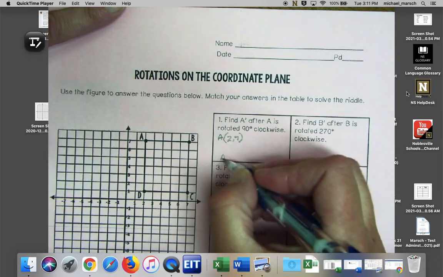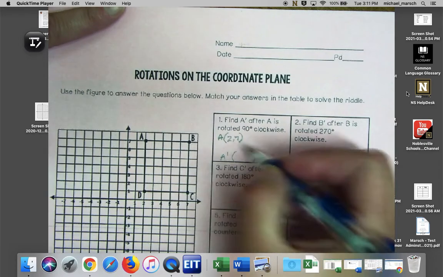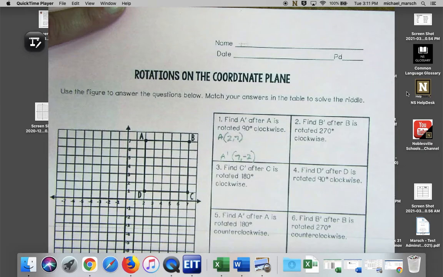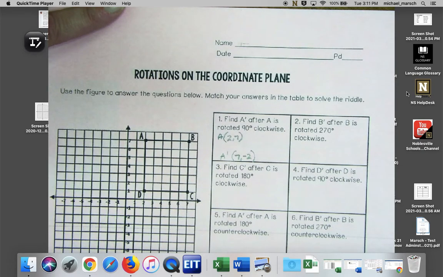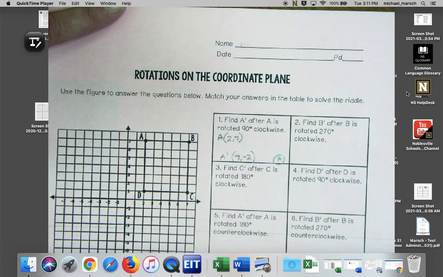So A prime, based on our rules, would be at 7, -2. And then we look down here to this little code at the bottom, and we see that 7, -2 is with the letter A. So anywhere we see the number 1, we write the letter A at the bottom.